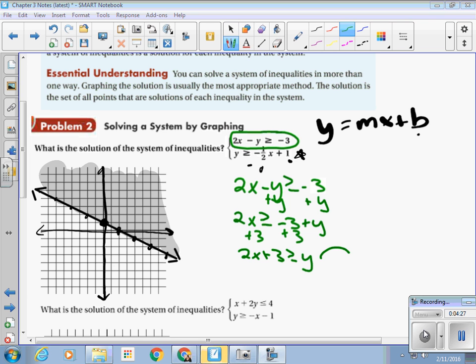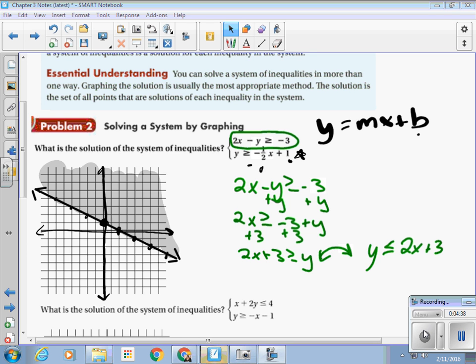I'm going to flip it around and go y, as long as my alligator is not eating the y, he's eating the 2x plus 3. That way I've got my slope is 2 over 1, and my intercept is 3.